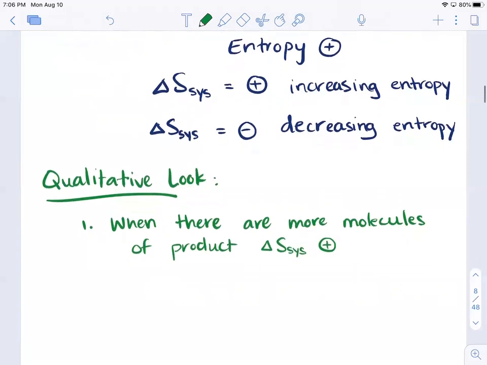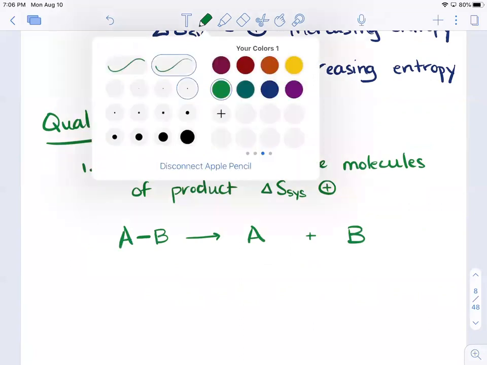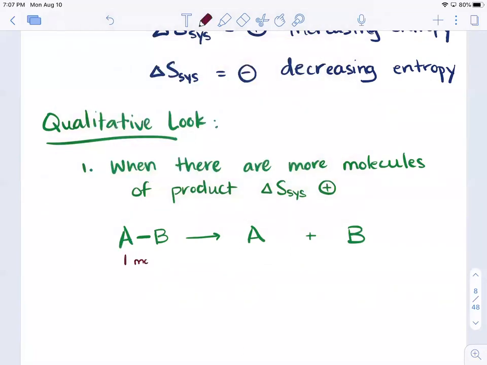What this looks like is if we had one molecule going into two. Molecule AB now becomes A and B. There's one molecule and we're making two molecules. You can look at the coefficients of a balanced equation.